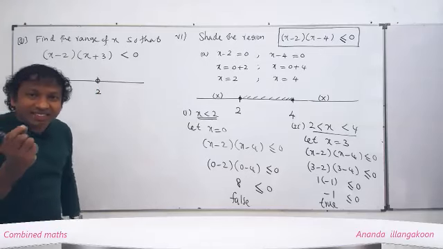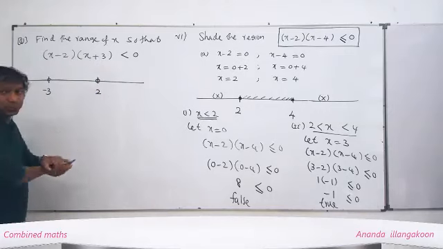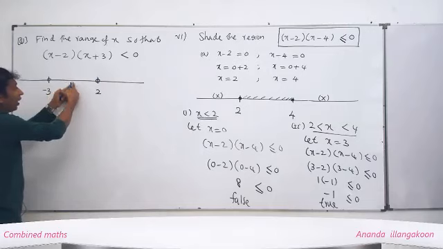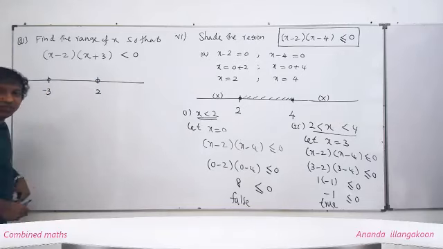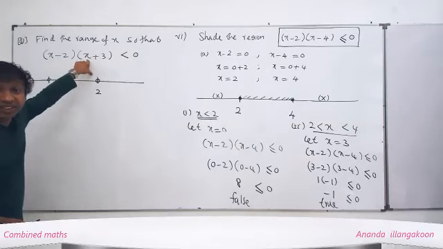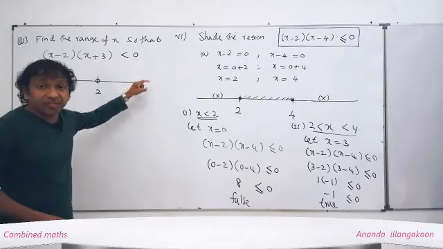People, what is the easiest number between minus 3 and plus 2 we can use? Between minus 3 and 2, 0 lies. We put that 0 where? Here and here, and we see whether the result on the left hand side matches this sign.